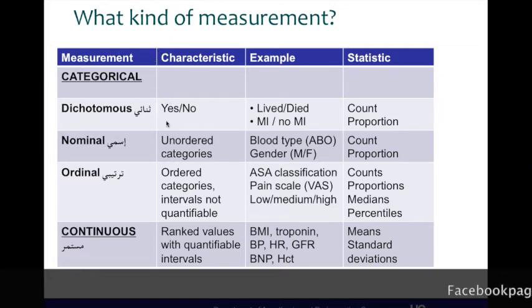So a dichotomous measurement would be either yes or no, red or green, black or white. Examples are a patient lived or died, had a bad outcome or didn't have the bad outcome, and you express these as counts or proportions. Nominal measurements are named. Nominal means named. So these are unordered categories, things like blood group, ABO, gender, male, female, and again, those are expressed by counts or proportions.